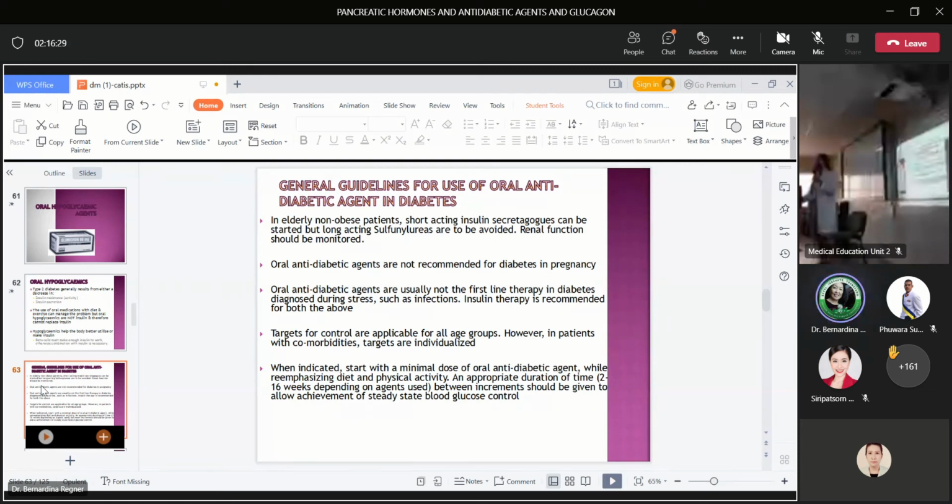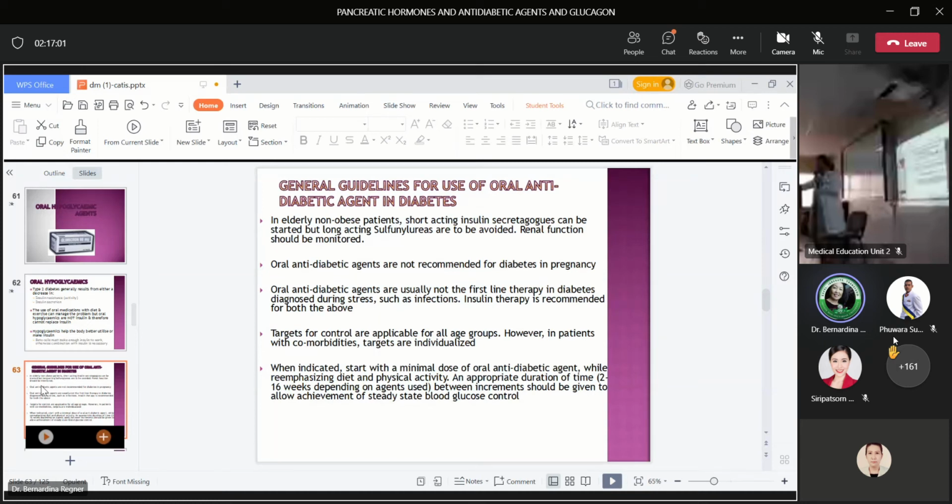Oral antidiabetic agents are not recommended for diabetes in pregnancy. They are usually not the first line therapy in diabetes, especially when diagnosed during stress such as infections. Insulin therapy is recommended for both. So really it's insulin, especially for pregnant women.